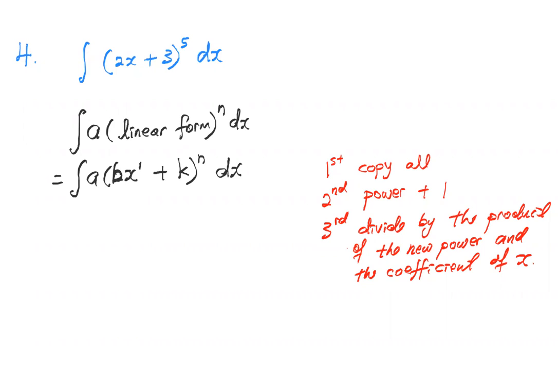So it will be copy down the whole thing. This is called copy down the whole thing. Power plus 1, divide by, there are two numbers here. One is the new power, one is the coefficient of x.